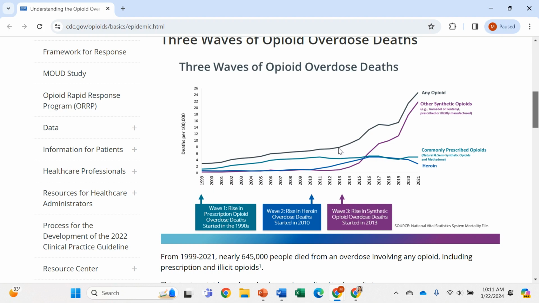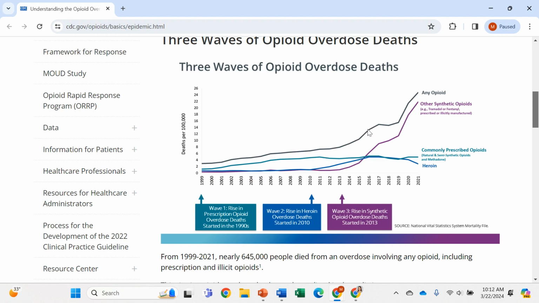From 2013 on is when we saw the rise in synthetic opioid overdose deaths. This is when fentanyl really hit the market and it caused a huge increase in deaths. And so we don't see the line continuing. Instead, we see a curve, which would be much more like an exponential model.